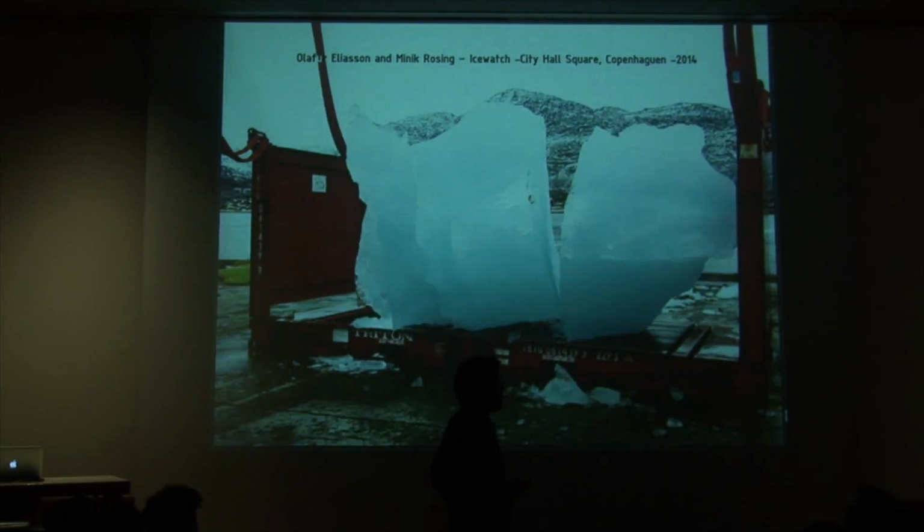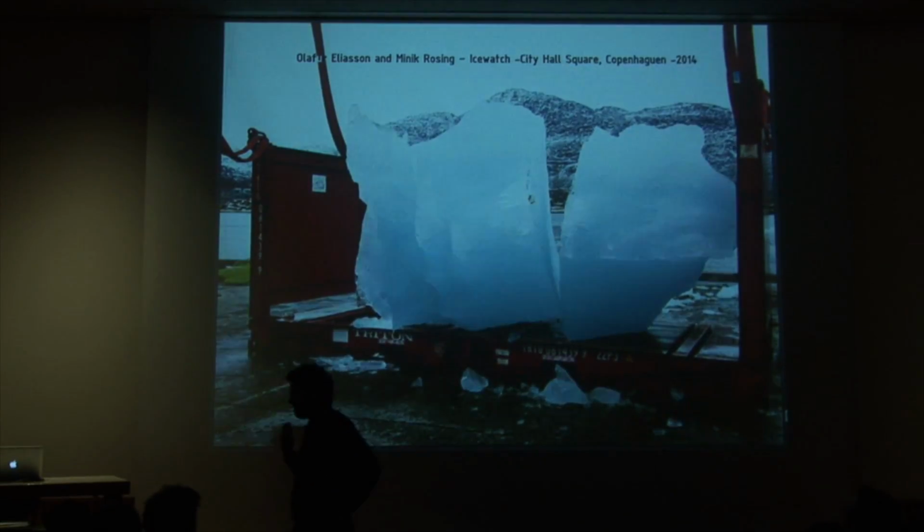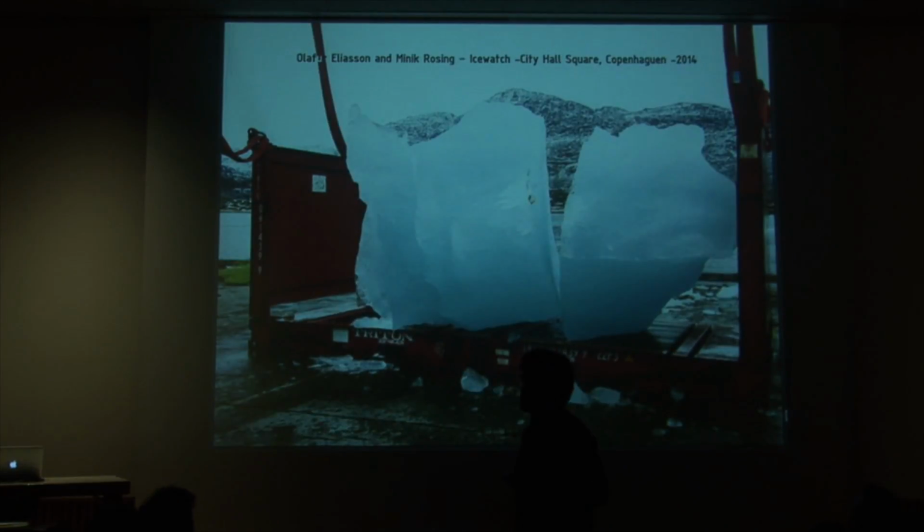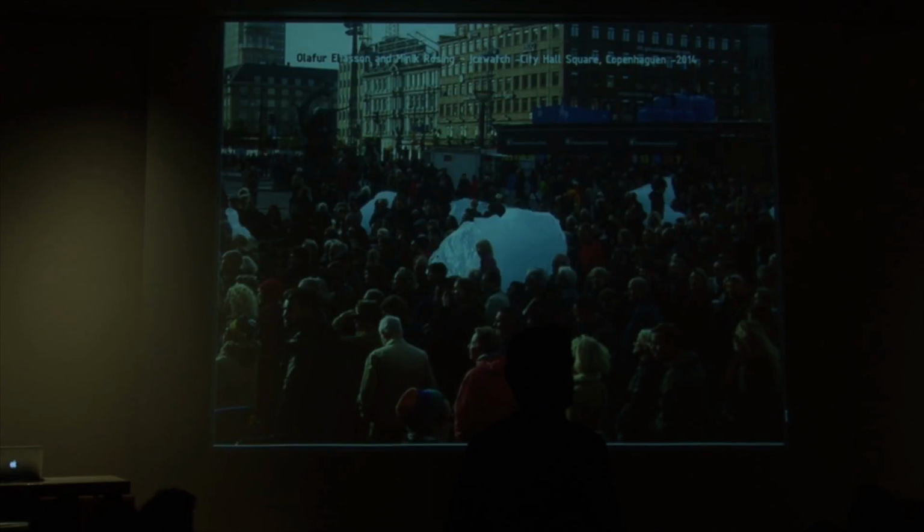has been working with water in different states. And I have brought you a couple of examples in those different phases. That is solid. In this case, he went to the Arctic and he brought a big block of ice to the city of Copenhagen. I am not going to explain the philosophy of the art piece, but just what interests me, that is the material state.